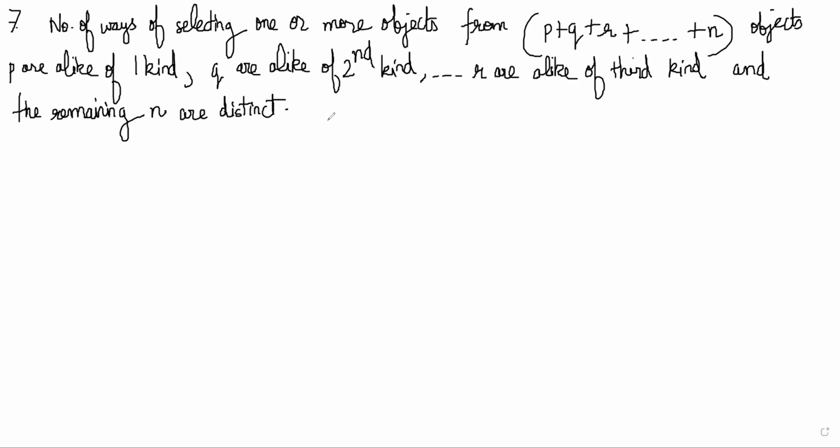So what has happened here? Here there are 3 groups of things which are p, q, r things, right? And then there are n different things, right? You have to find the number of ways of selecting one or more.